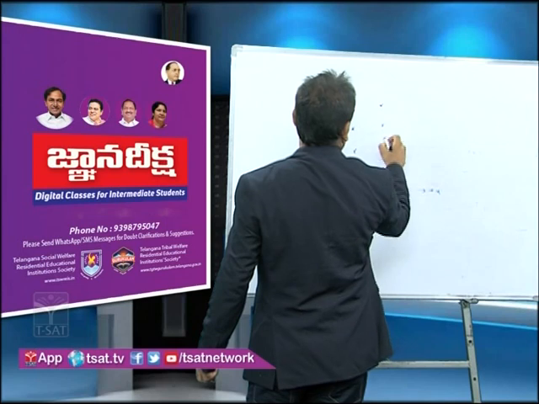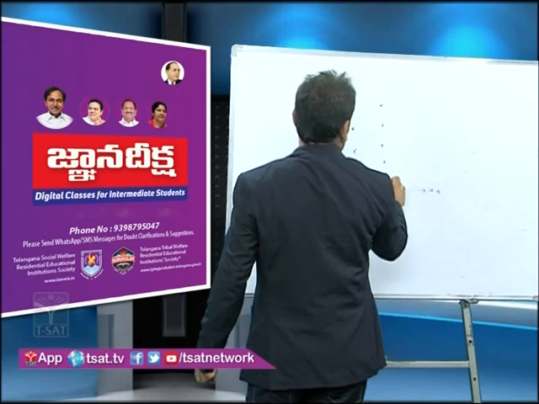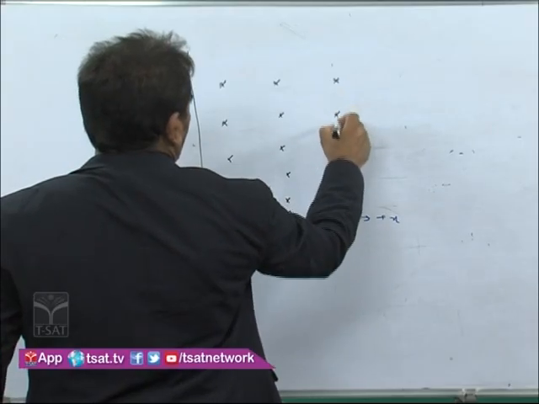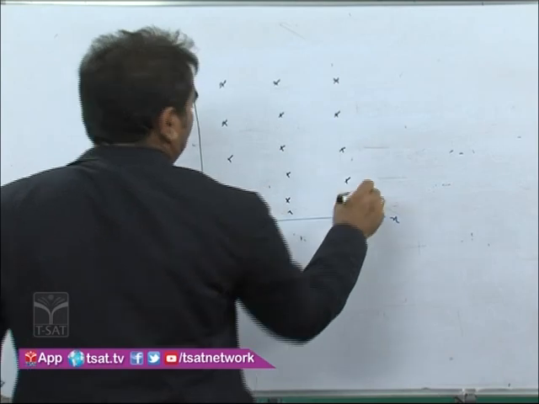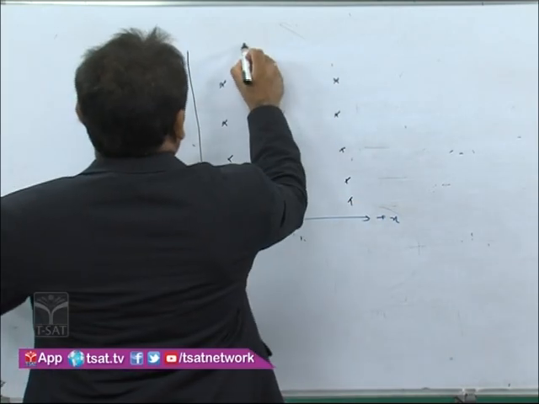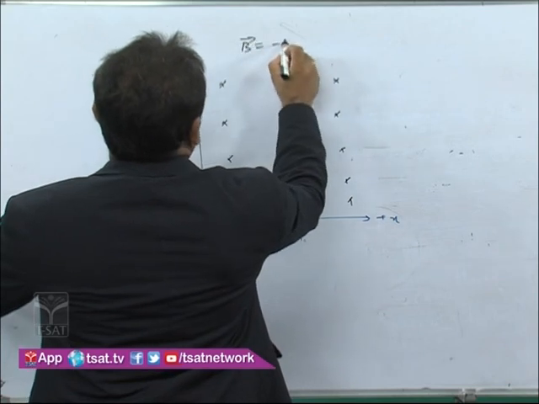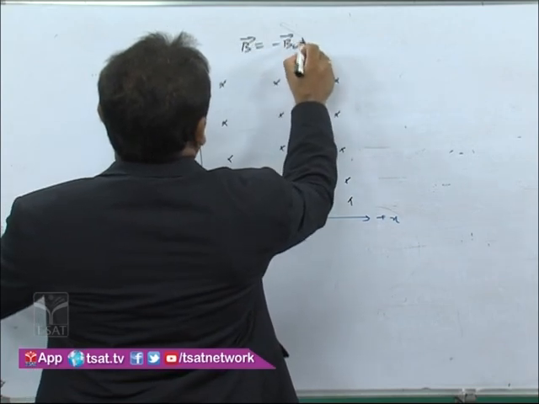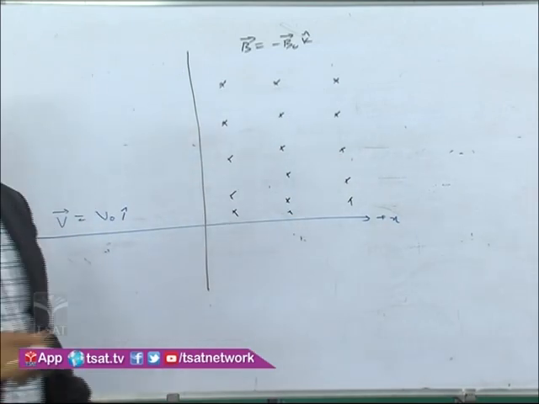That means minus k means negative z axis direction, like this. That is B is equal to minus B naught of vector k was given.